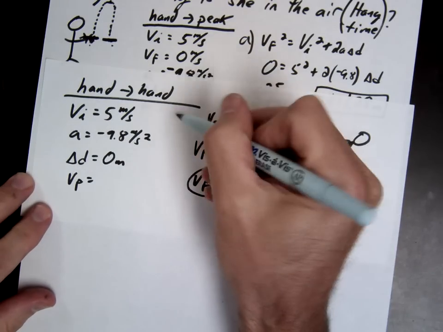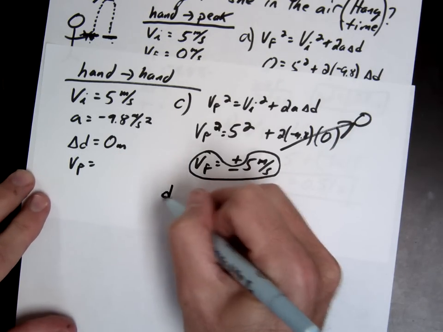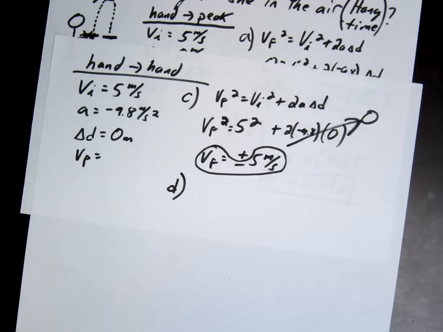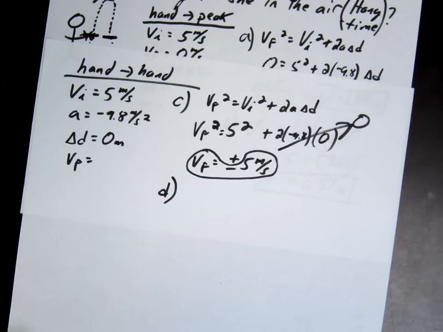All right, so that's letter C, right? One more to go. Letter D. Why don't you see if you can do D on your own?